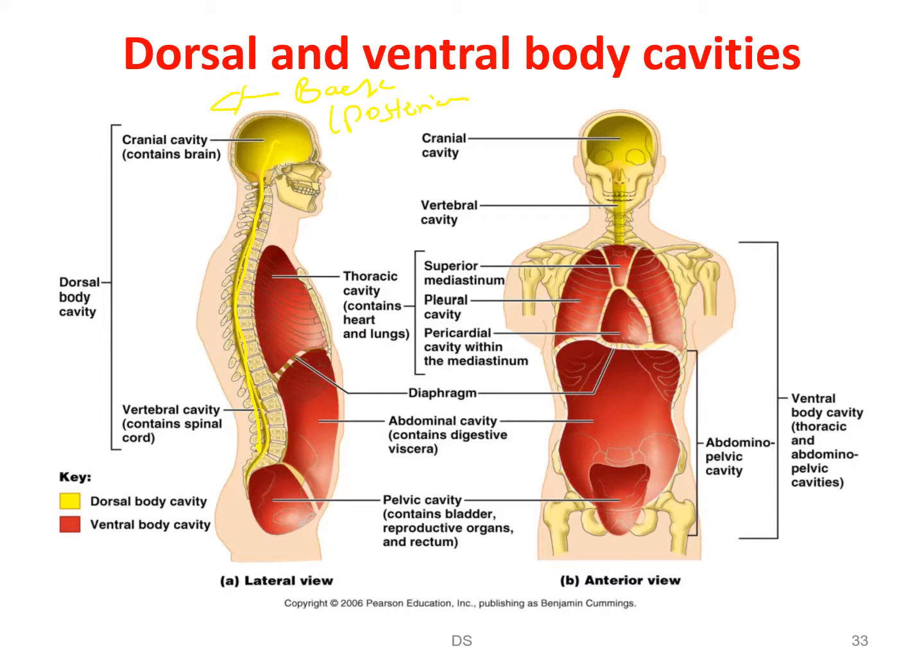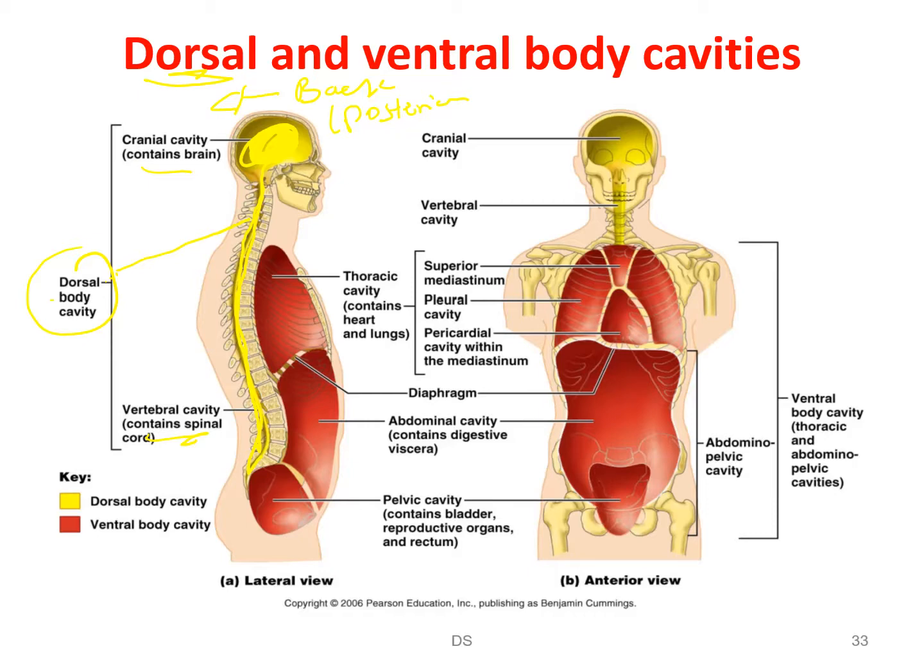For example, this is the cavity which holds the brain, the cranial cavity. This is the cavity which holds the spinal cord, the spinal cavity. The cranial cavity and the spinal cavity are located towards the back, therefore they are known as the dorsal cavity.